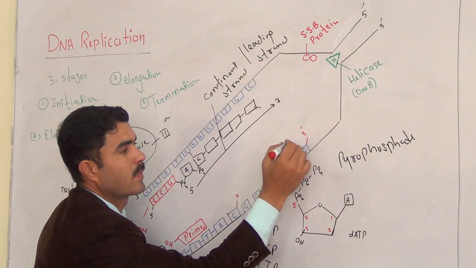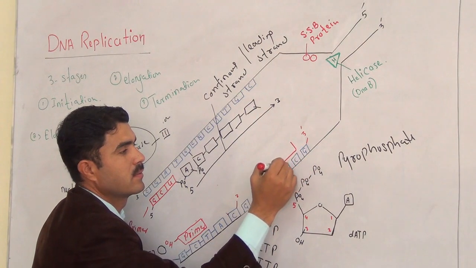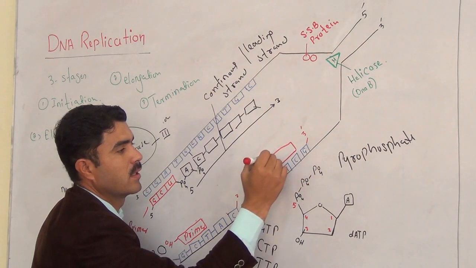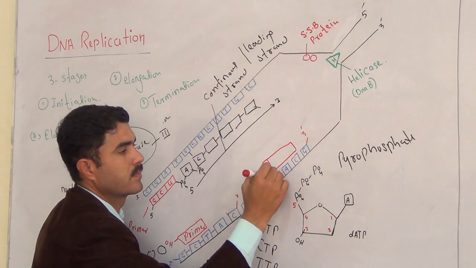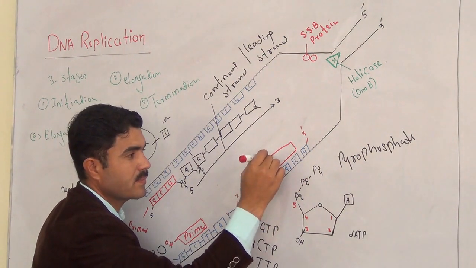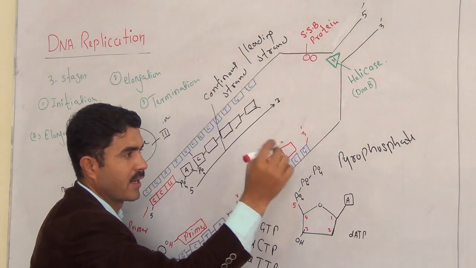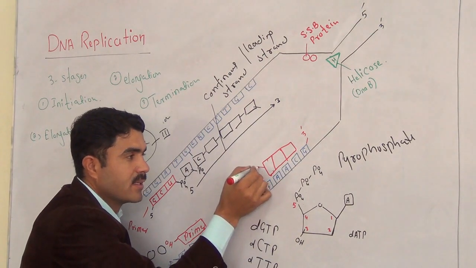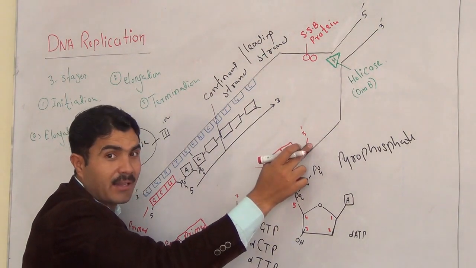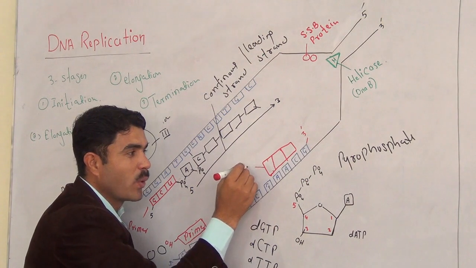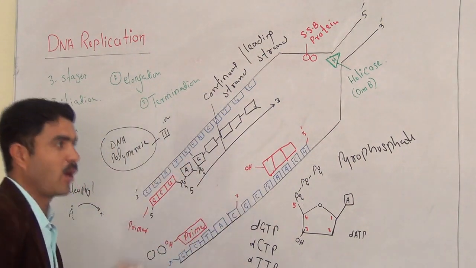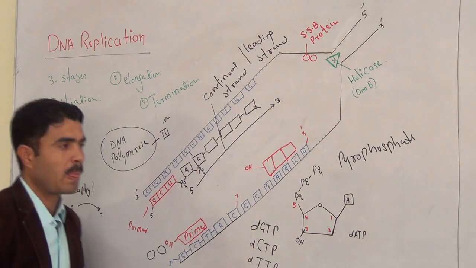This is now the primer, right? And if this is a 3' at the right side now, the primer's OH will be at that side. Okay, always opposite. Now what will happen?